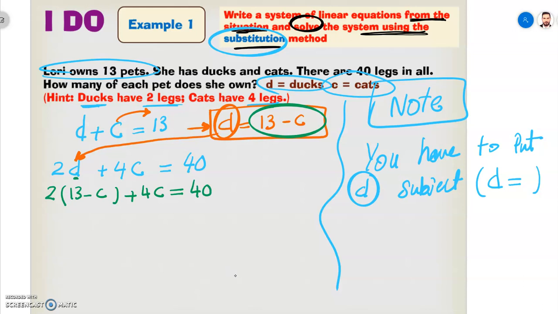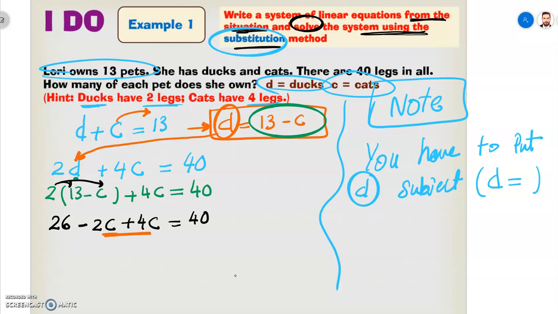And now I have number 2 behind the bracket, so I have to multiply it by those two terms. 2 times 13 is equal to 26, minus 2 times C is 2C, plus 4C equals 40. Then I have to combine the like terms.